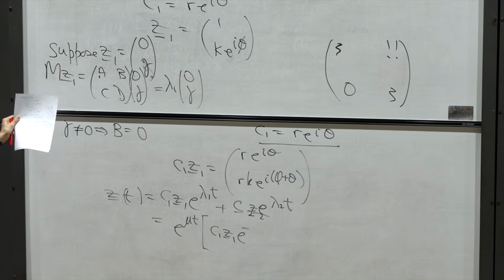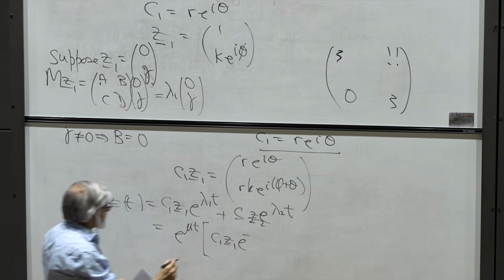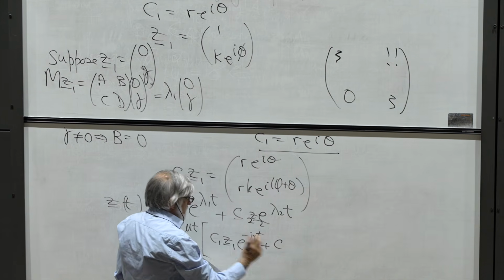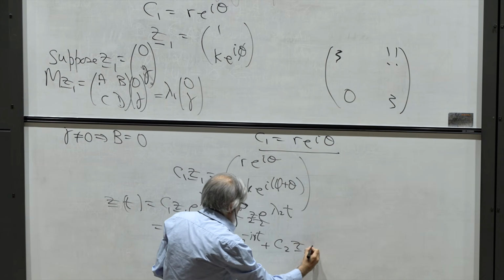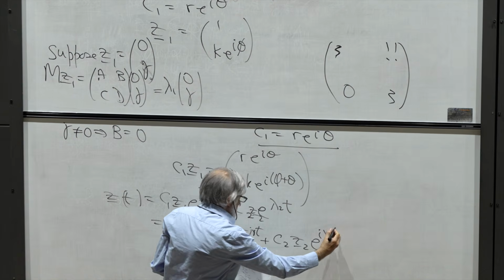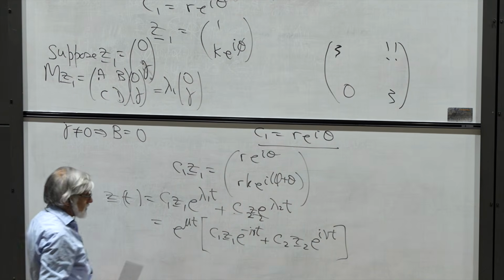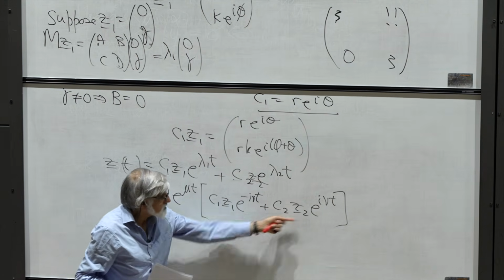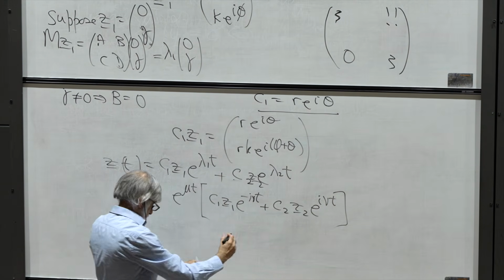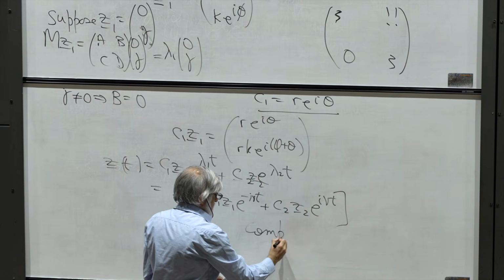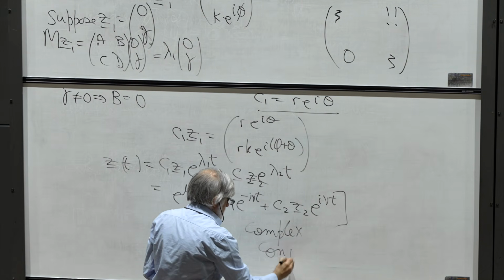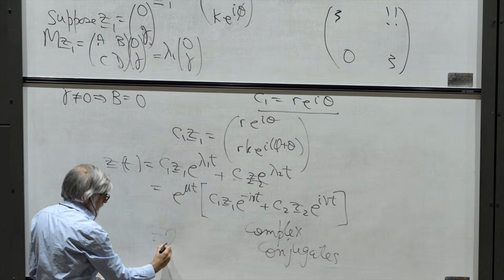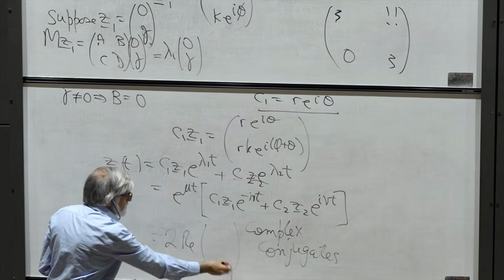See the way I've defined lambda 1 with a minus, these are complex conjugates. So this is just 2 times the real part of that.